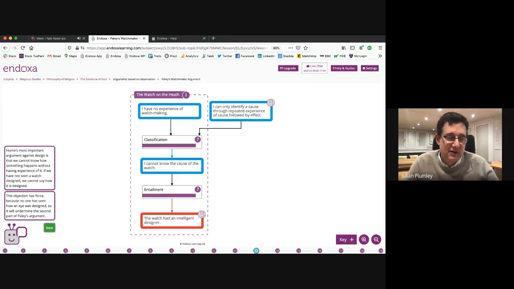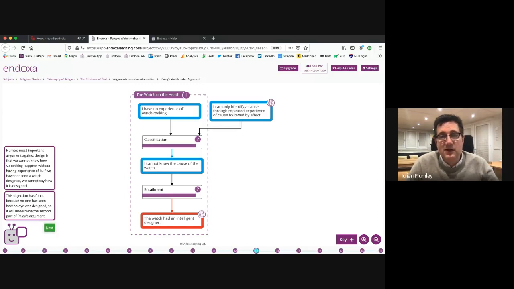Hume has a position that really there's no such thing as causality. All that we do is see regularities in nature, and we call the thing that goes first a cause and the thing that comes after an effect. And therefore, you can only know about causes and effects by having seen them a lot of times.